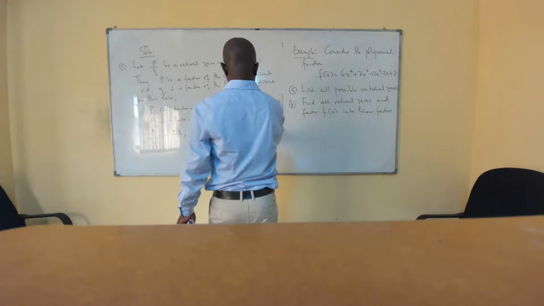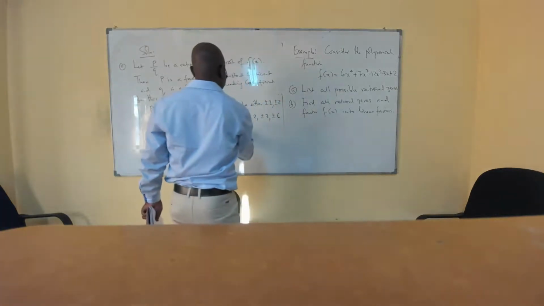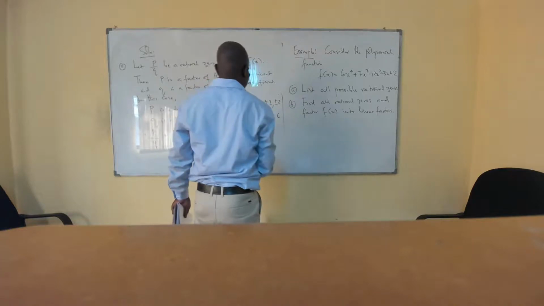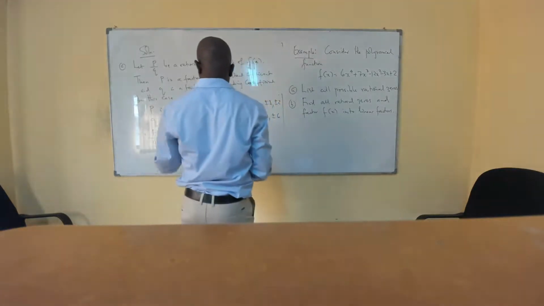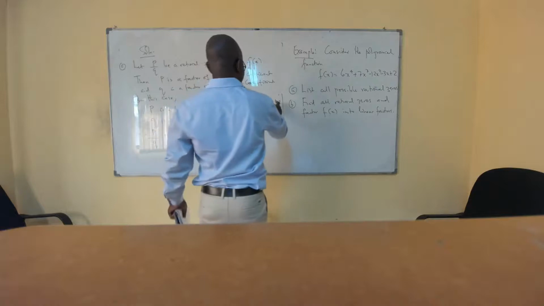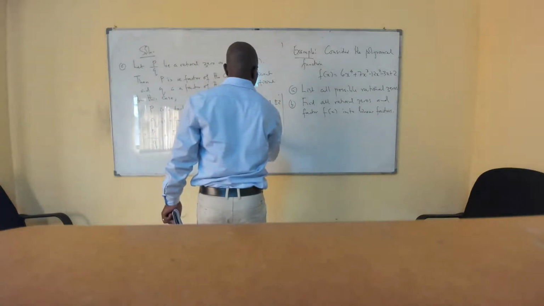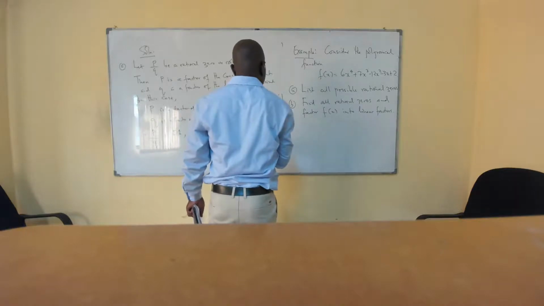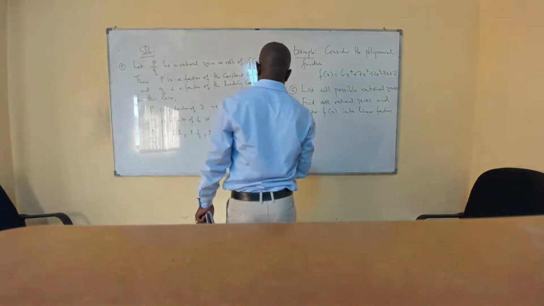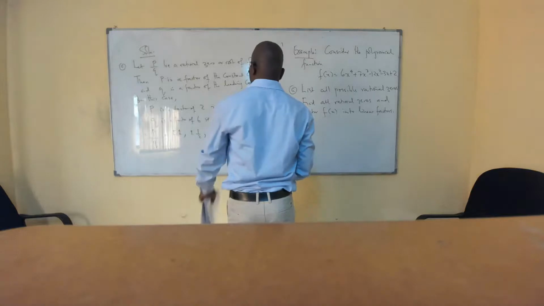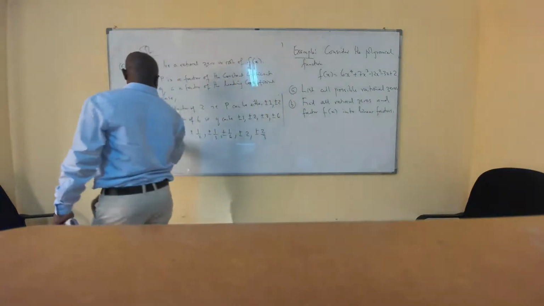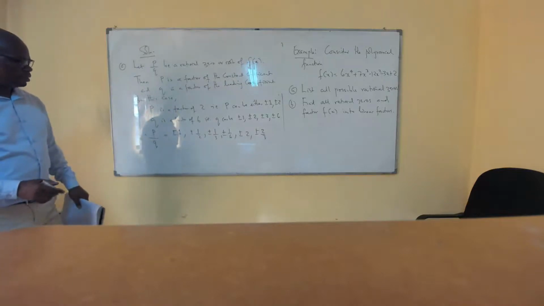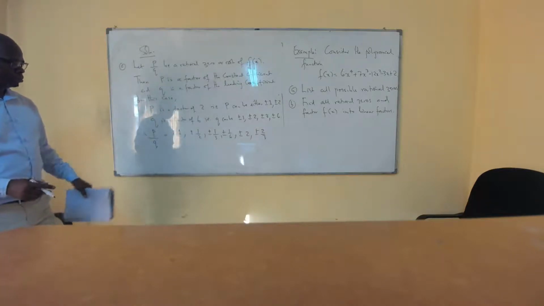Then plus or minus 2. Plus or minus 1 we have already listed. Then we have plus or minus 2 over 3. And then the next one is plus or minus 1 over 3, which is already listed. So it can be any of these.